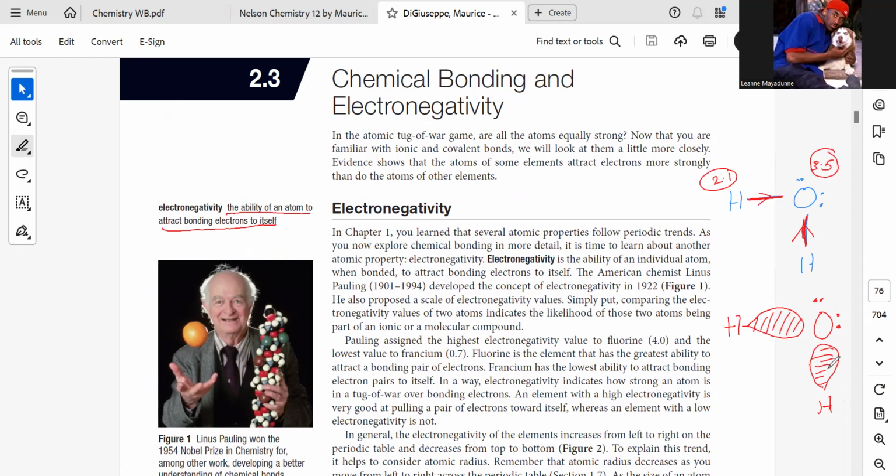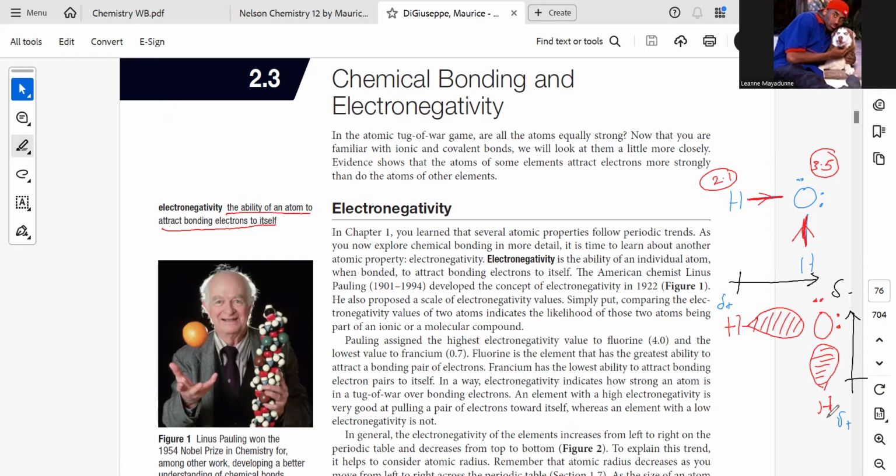Because of that, hydrogen has a partial positive charge and oxygen has a partial negative charge. This concept is called polarization of the covalent bond. We'll learn this later in detail, but for now, just understand the impact of electronegativity.